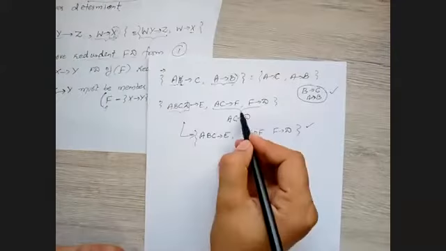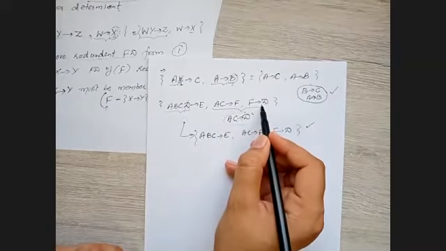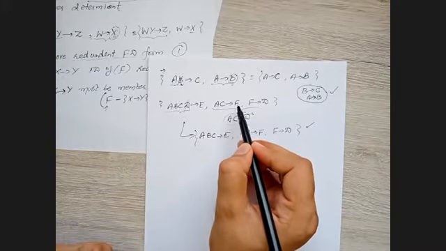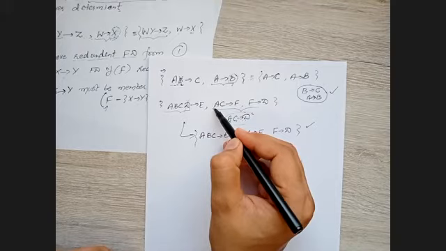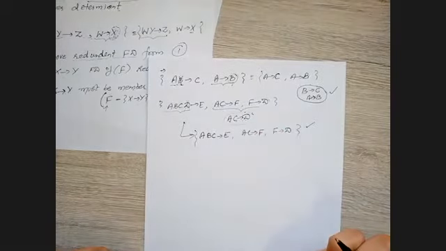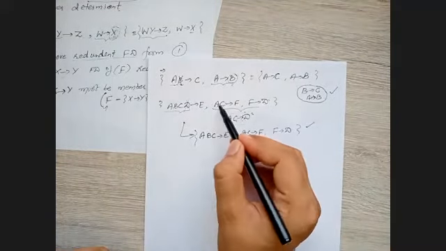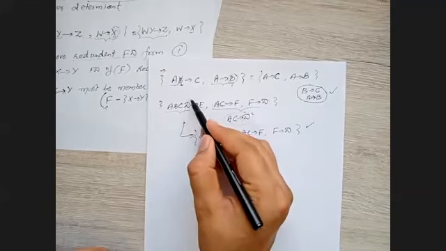This part was not given, right? We understood that using the transitive rule: from AC to F and F to D, we can get the value of D from AC. So if we get the value of D from AC, then we can eliminate this part from here.